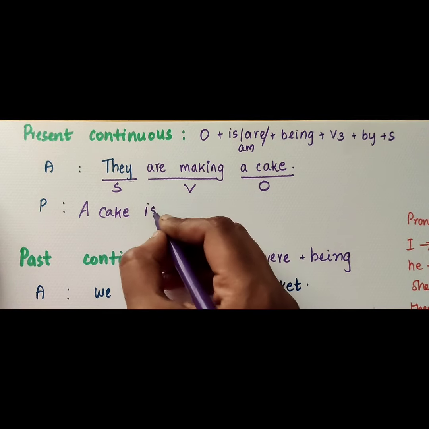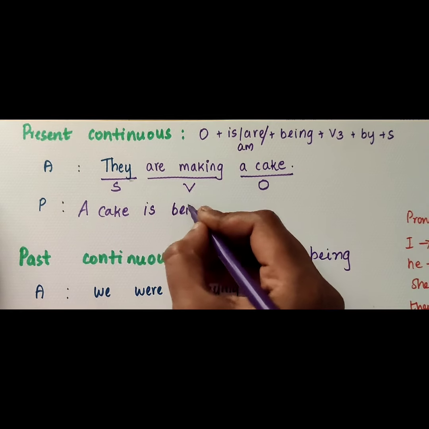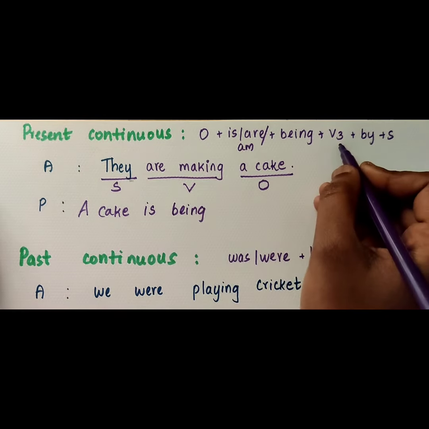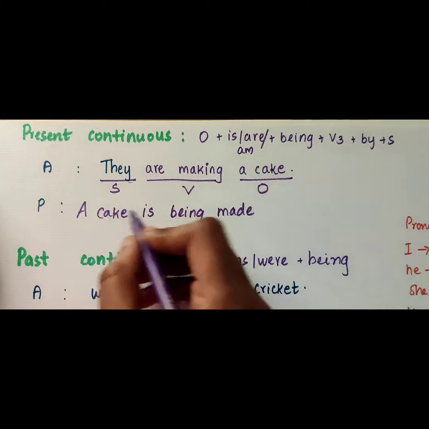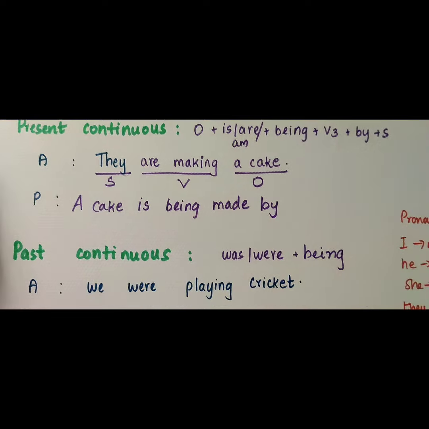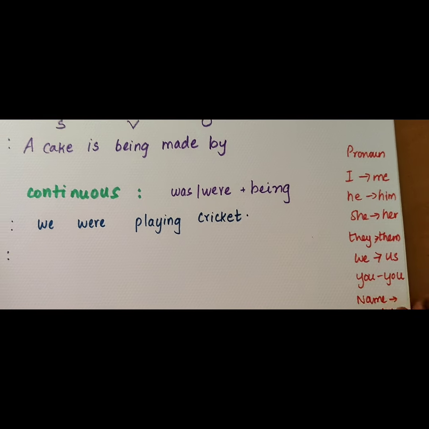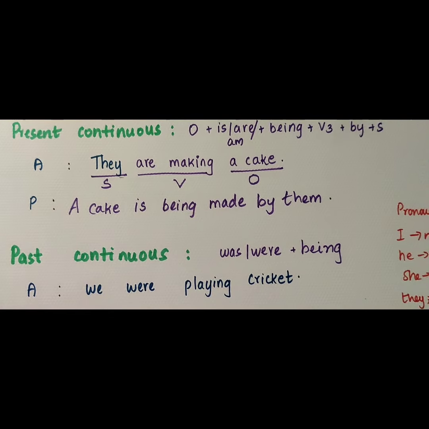So add is. A cake is being. The third form of make is made. A cake is being made by. They will change to them, in our list, the pronoun them. This is the answer.